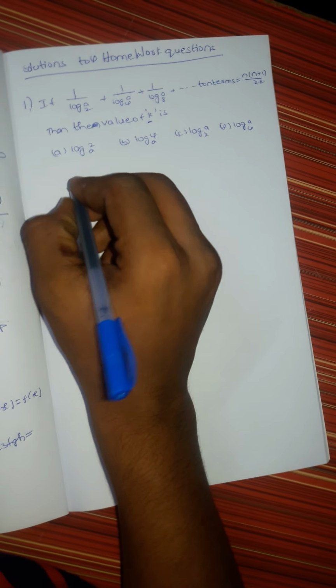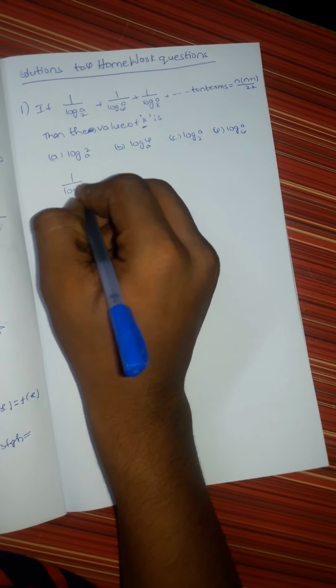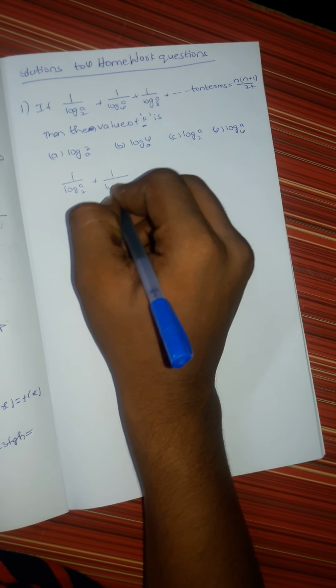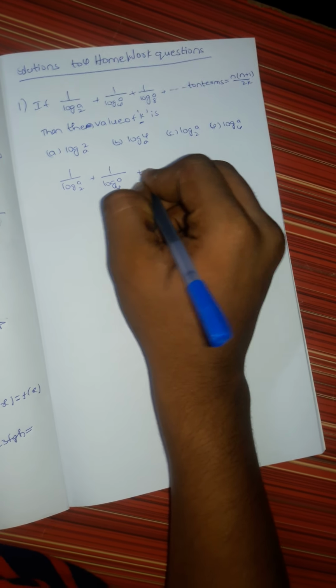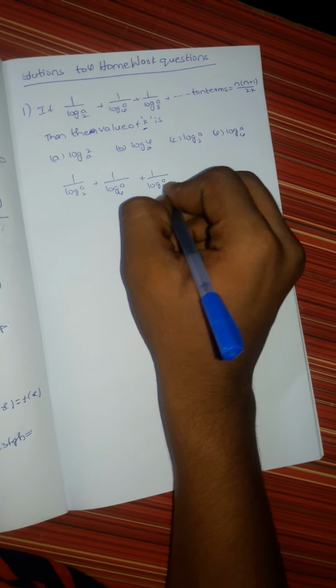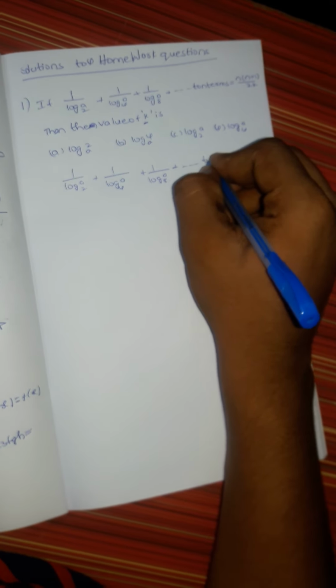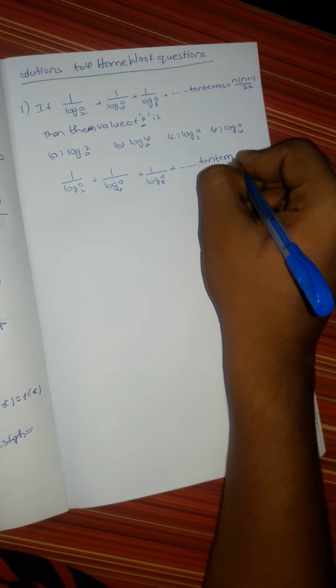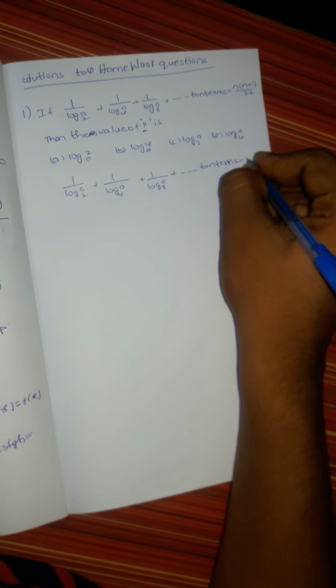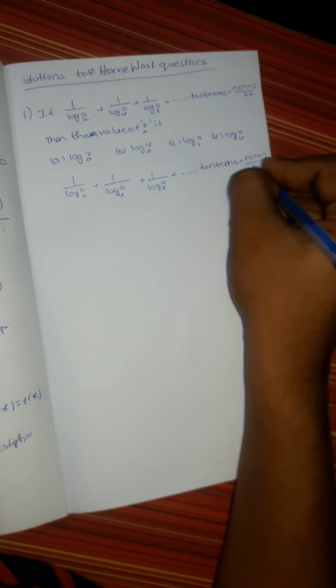See here students, the given equation is 1 by log a base 2 plus 1 by log a base 4 plus 1 by log a base 8 plus and so on to n terms is equal to n of n plus 1 by 2k.